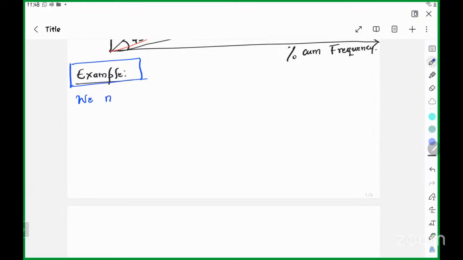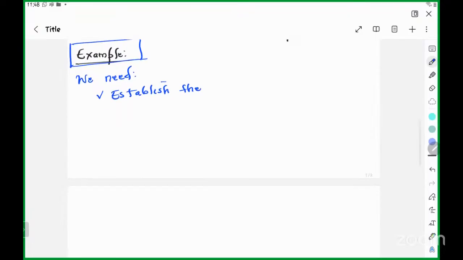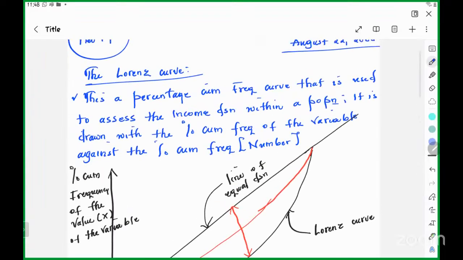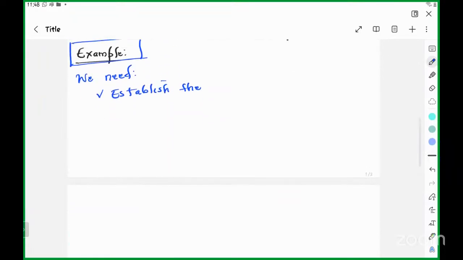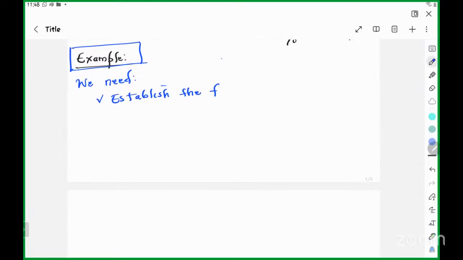We need, 1, establish the percentage cumulative frequency for the frequencies given.